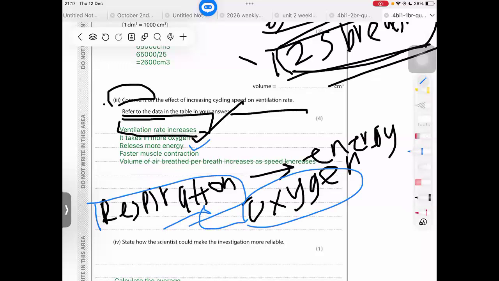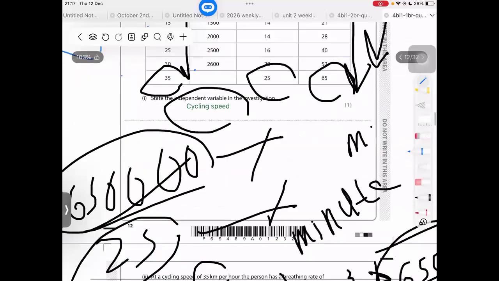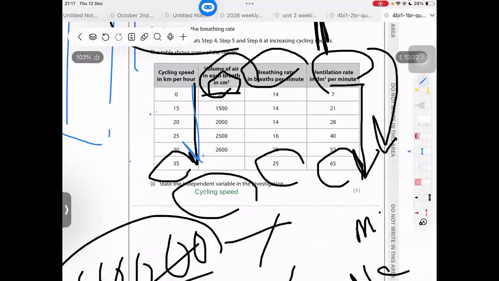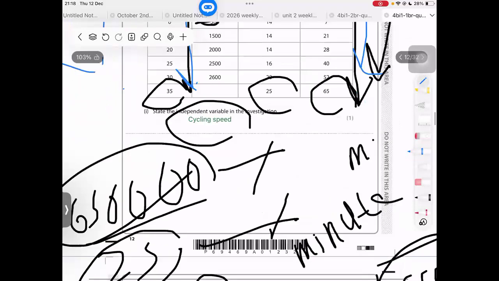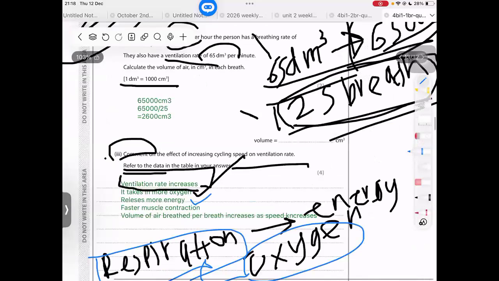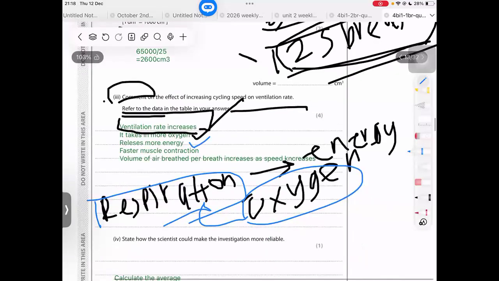And not just that, when we are increasing our cycling speed, we consume a lot of energy. So as we consume a lot of energy, what happens? We require more oxygen. So more oxygen will contribute to more respiration in turn. And when we are increasing our cycling speed, that means faster muscle contractions.